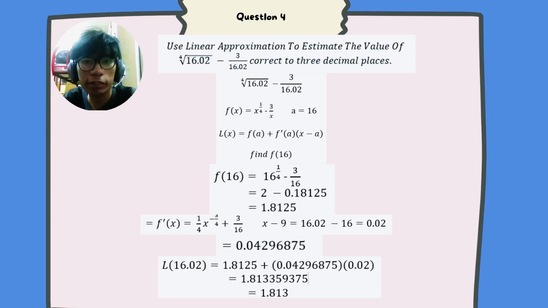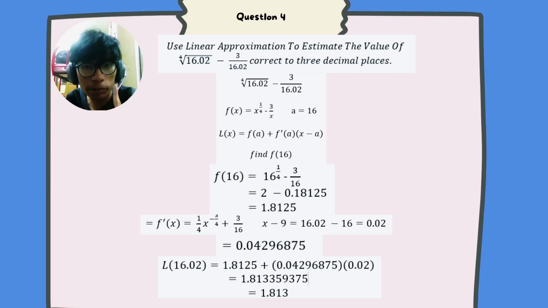Now let's find the derivative of the function. We replace again the x with 16, and you will get f prime(16) equals 0.04296875. Now the difference between 16.02 and 16 is 0.02.